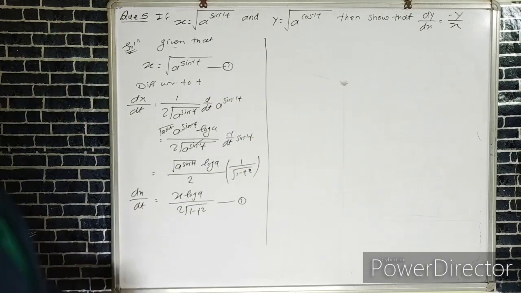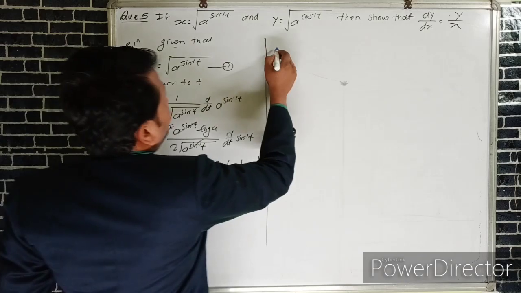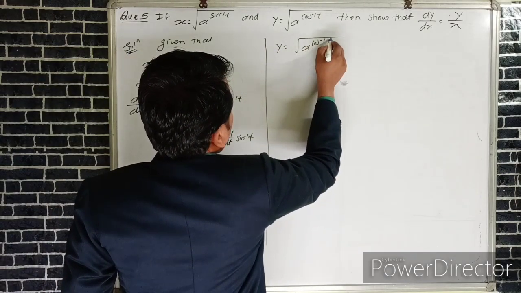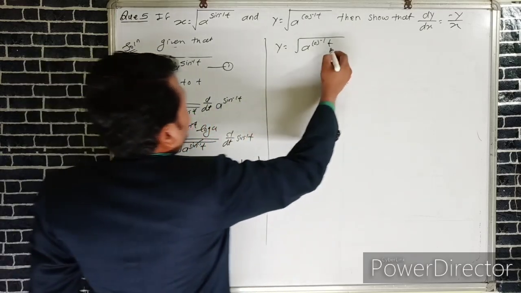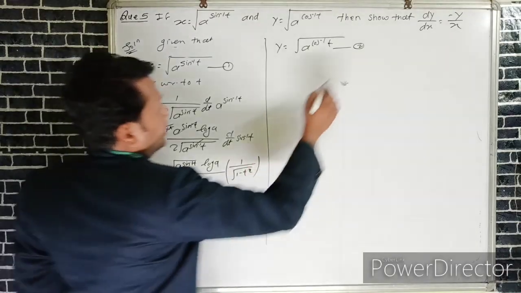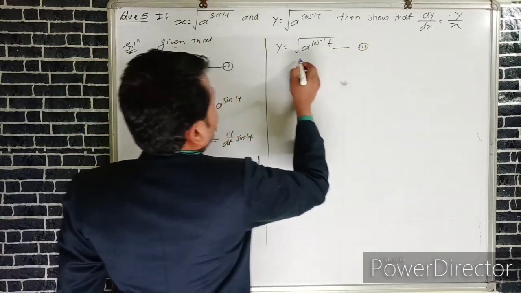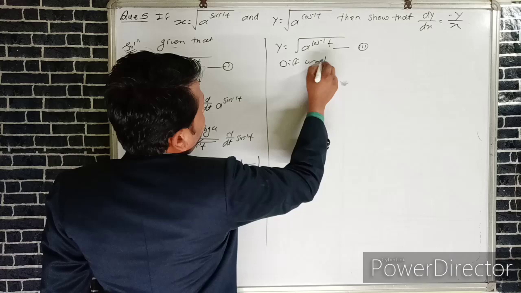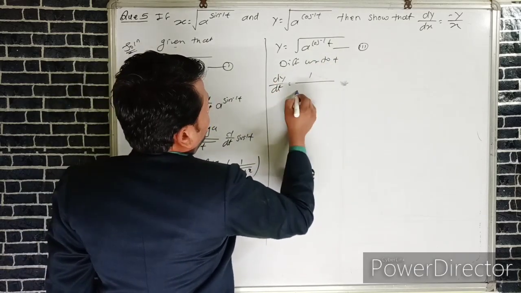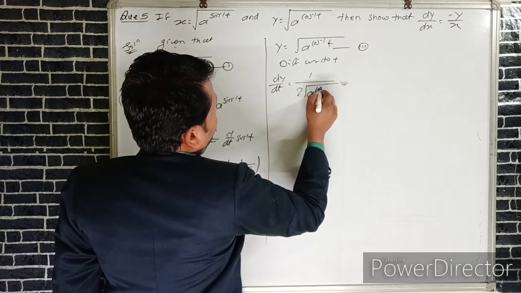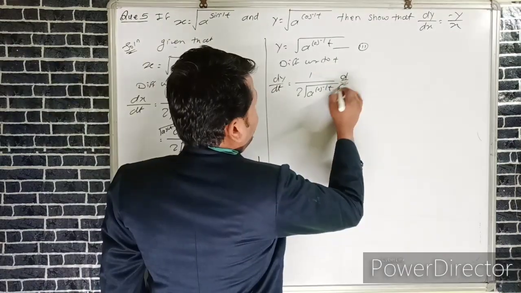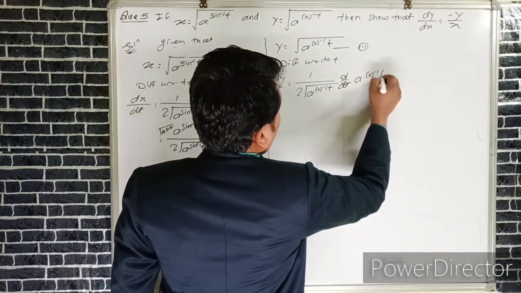Similarly, we can find the derivative dy by dt. Here y is equals to under root of a raised to the power cos inverse t. If we differentiate with respect to t, then we can write dy upon dt is equals to 1 upon 2 under root of a raised to the power cos inverse t, and we take again the derivative of a raised to the power cos inverse t.